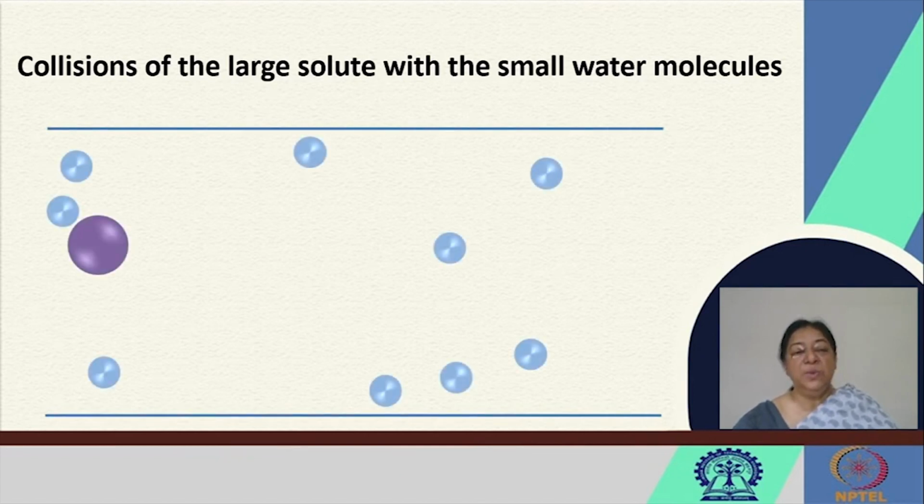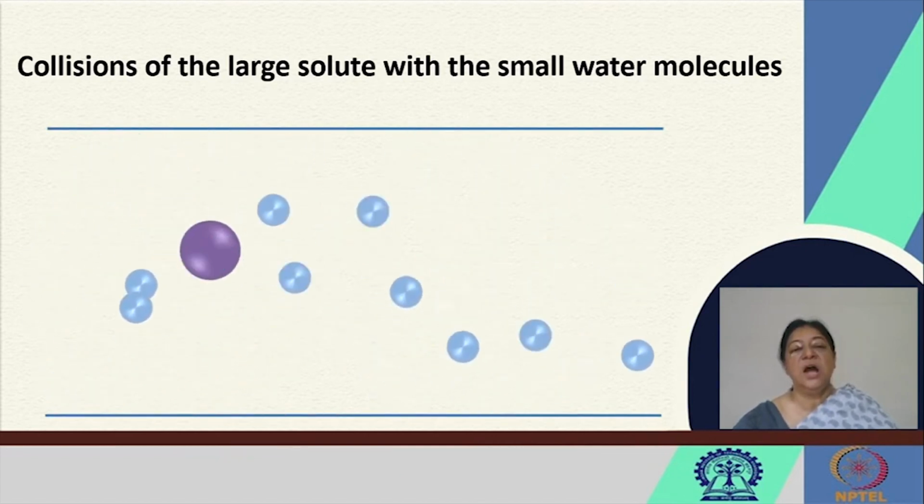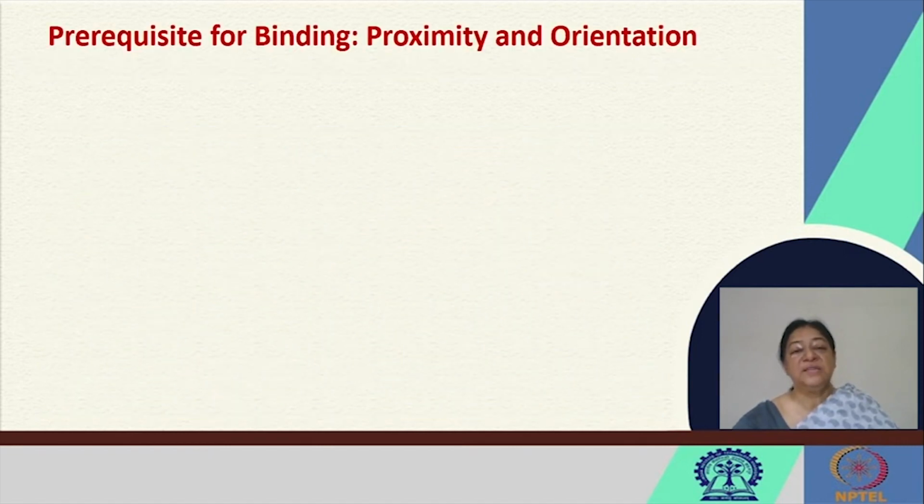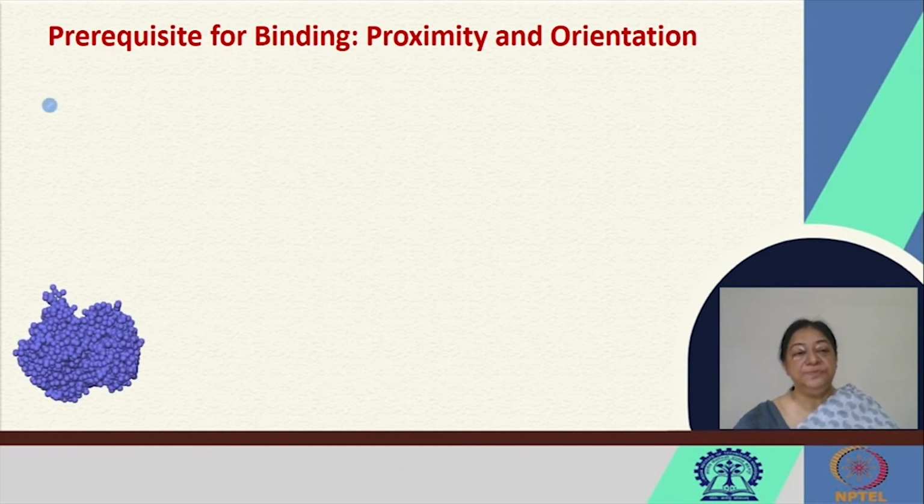So the collisions of the large molecules with the small water molecules can affect the entropy and the enthalpy of the ligand binding. And we realized that we needed a spontaneous change in the free energy to result in a fruitful protein ligand interaction.